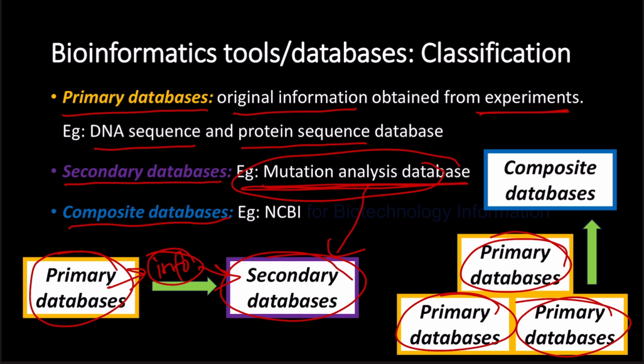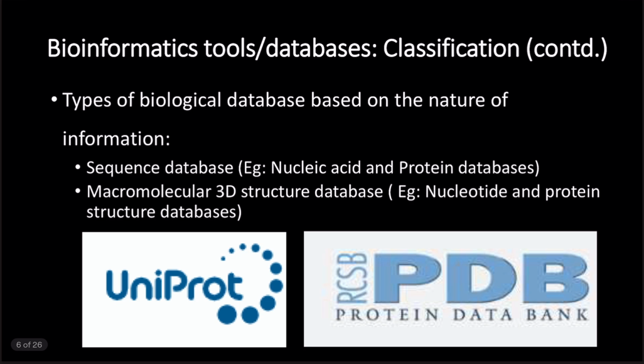We search in one particular source and can access several primary sources in one complete database. One such example is NCBI, the National Center for Biotechnology Information. It hosts several databases, basically the primary databases. So this is about the composite, secondary and primary databases, and this was one method of classification of bioinformatic tools and databases. Now coming to the next method of classification, that is classifying the biological databases based on the nature of information they contain.